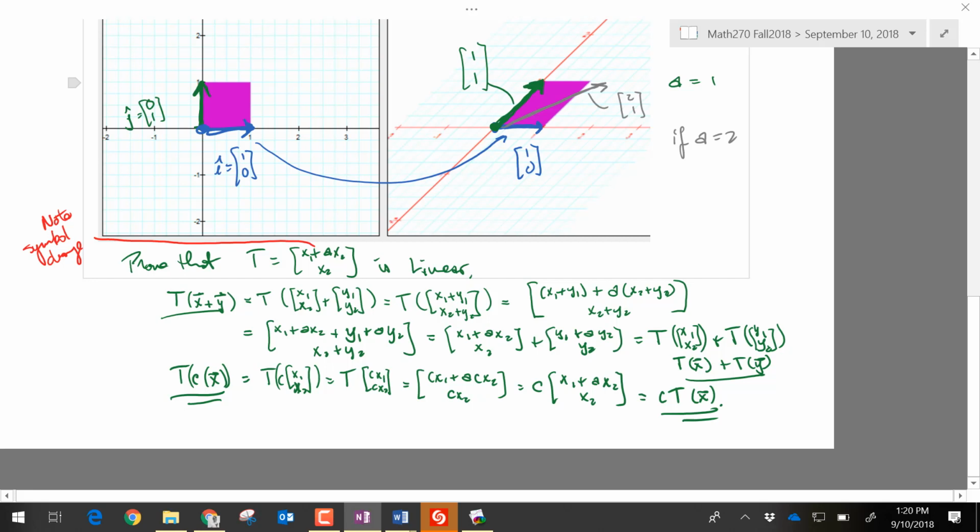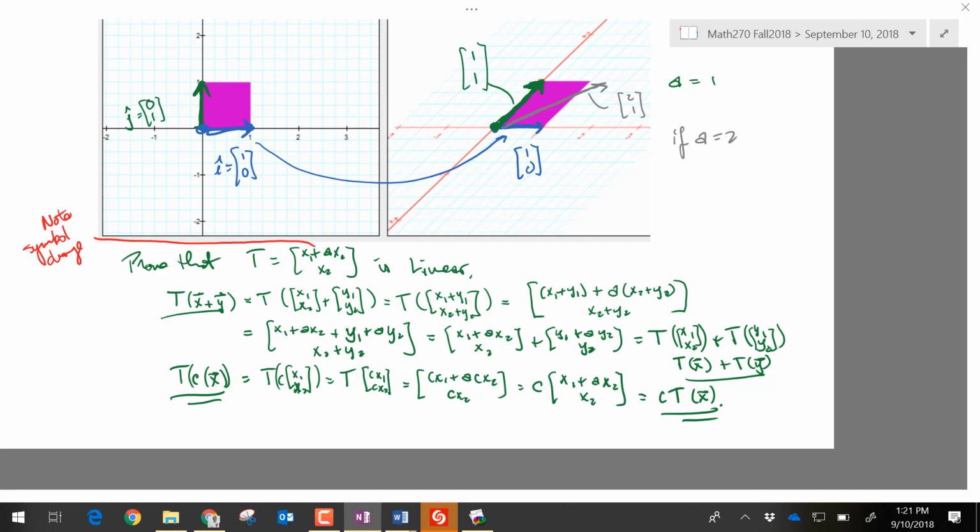And if we take a linear combination of these two, so the i plus j, for example, and then we map it on, we're going to get Ti plus Tj. But that's satisfied. Okay.